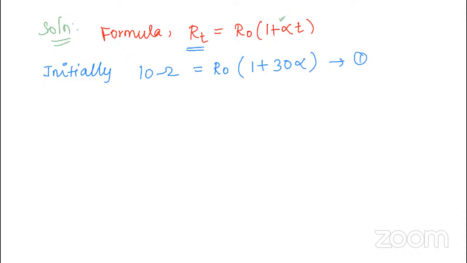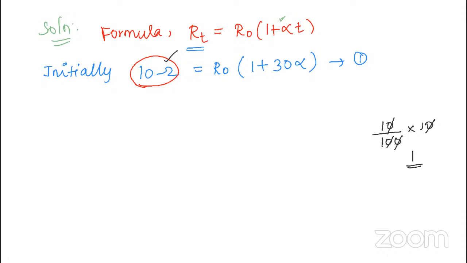So this initial 10 ohm is increased by 10%, so we have to calculate how many ohms it should be increased. To calculate, 10% is 10 divided by 100, times 10 ohms. Cancel all the zeros, so the remainder is 1. So the resistance should increase by 1 ohm. Initially it is 10, 10 plus 1 is 11.